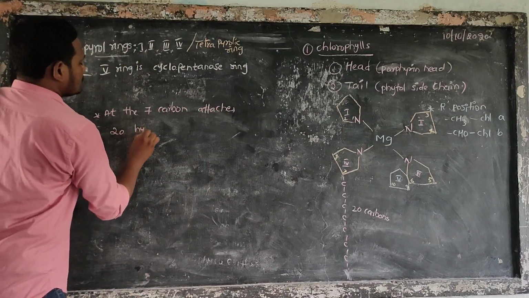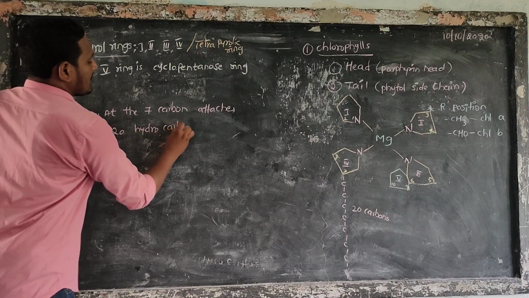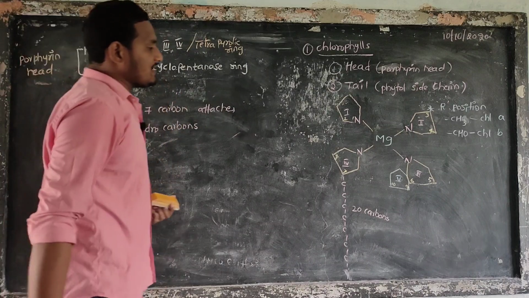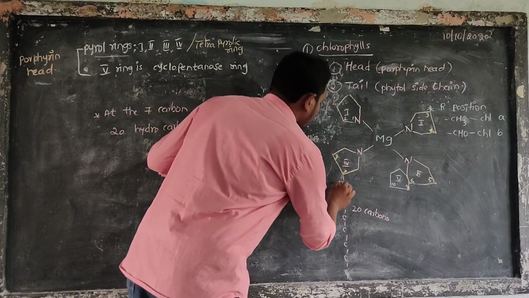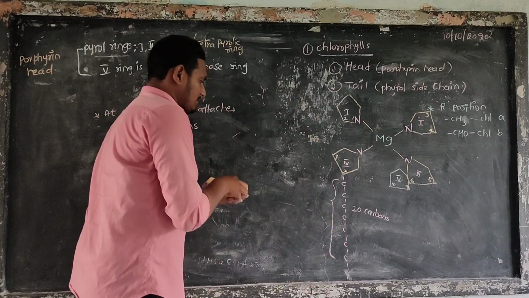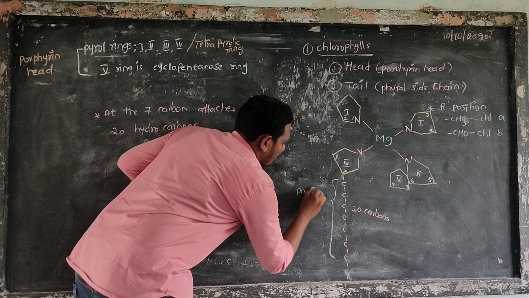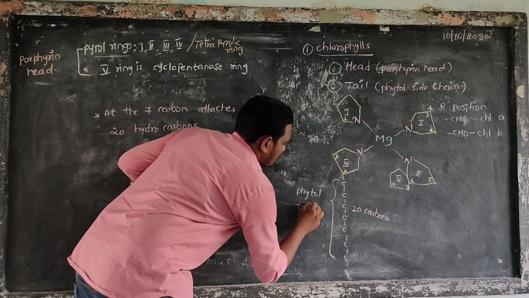These 20 hydrocarbons make up the phytol tail. That is a phytol tail.